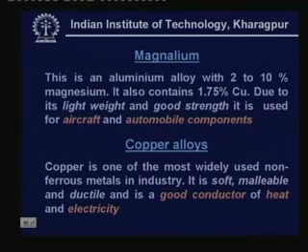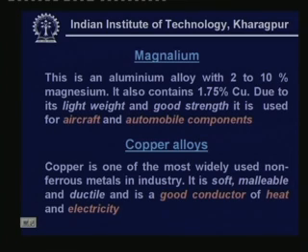Okay. Now, we have another aluminium alloy which is called magnesium. This is an aluminium alloy with 2 to 10% magnesium. So, it is a magnesium based aluminium. It also contains 1.75% copper. Due to its lightweight and good strength, it is used for aircraft and automobile components.